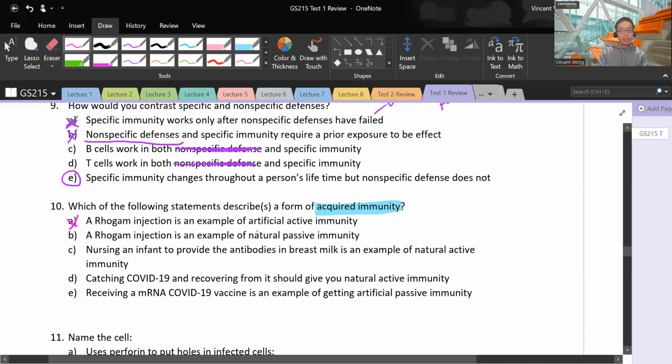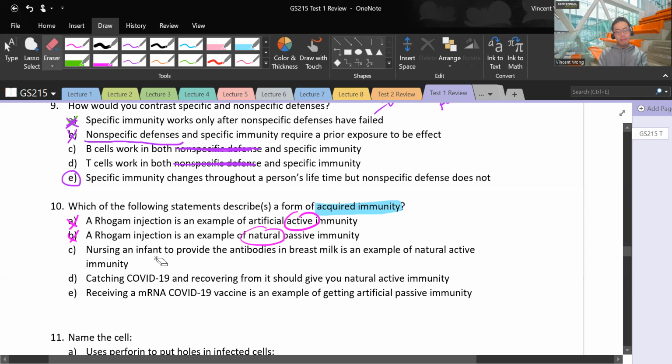That's not true because first of all, RhoGAM shot is a type of passive immunity, right? So you're not acquiring anything, so that's wrong. And secondly, RhoGAM shot over here is an example of natural passive. So it's not natural, right? It's supposed to be artificial. Okay, so those are not going to be the answer.